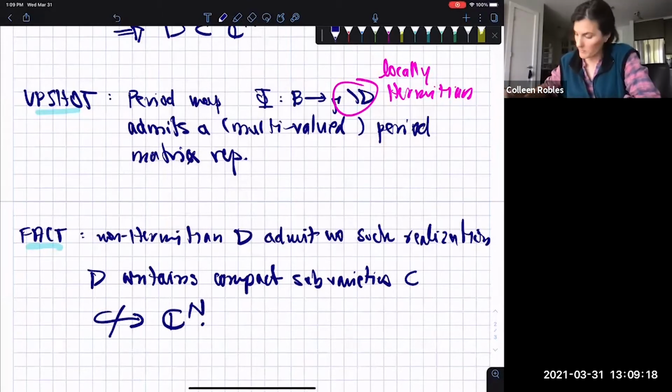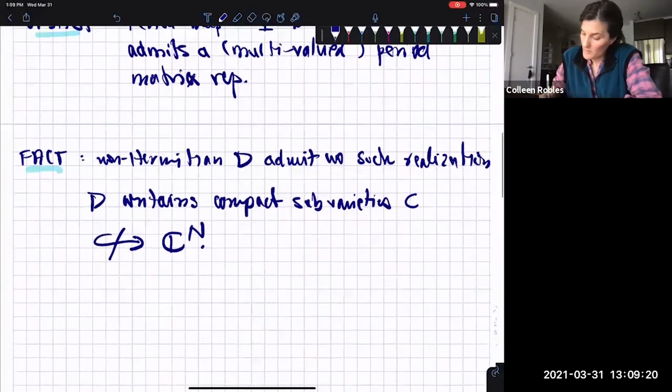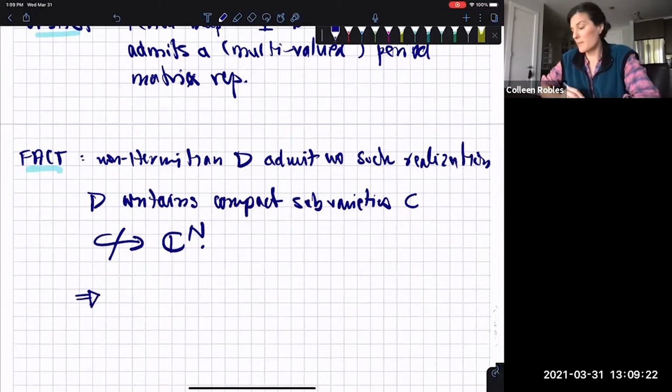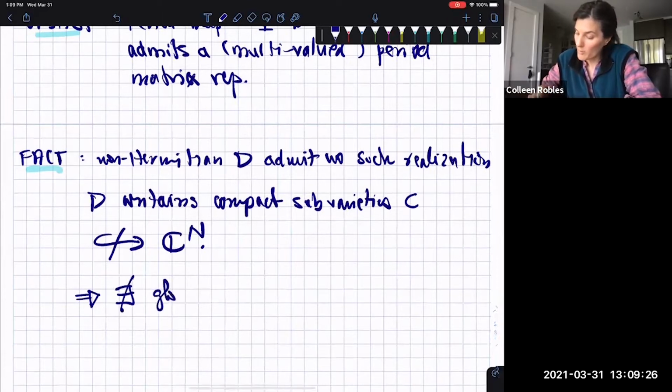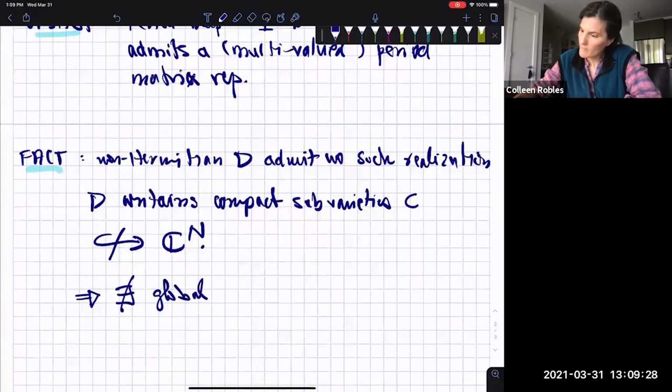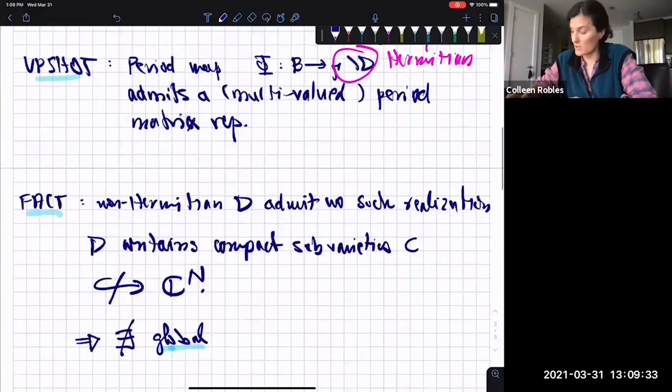Okay. So in particular, in general, there exists no global period matrix representation.